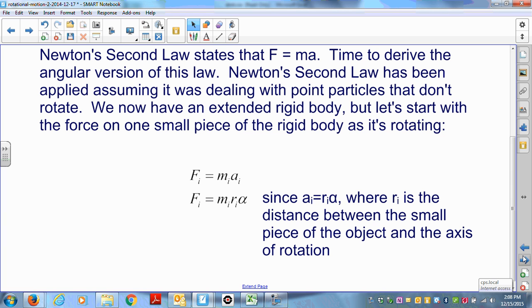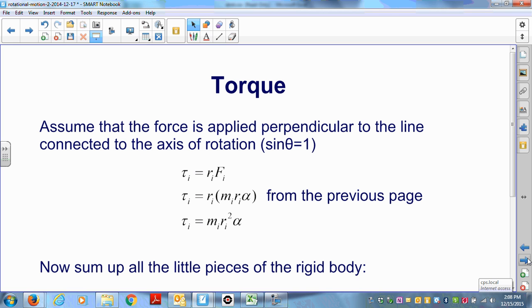We know that F is equal to ma, and if we replace a, the tangential acceleration, with the rotational acceleration equivalent, we end up with the force is equal to m r alpha, because a is equal to r alpha. Assume that the force is applied perpendicular to the line connecting the axis of rotation with the force, and that means that sine theta equals 1.